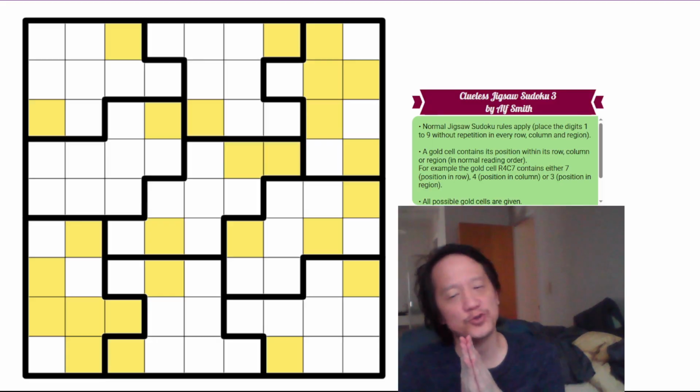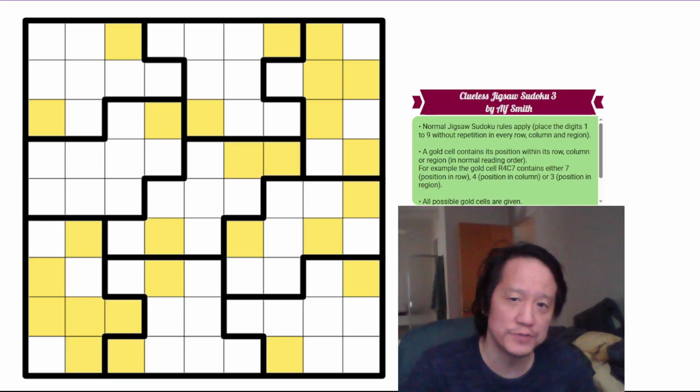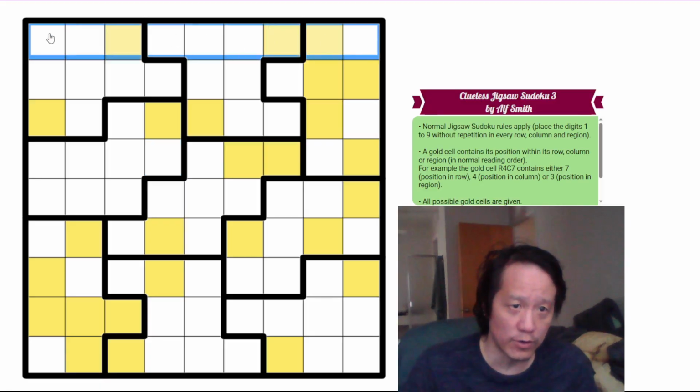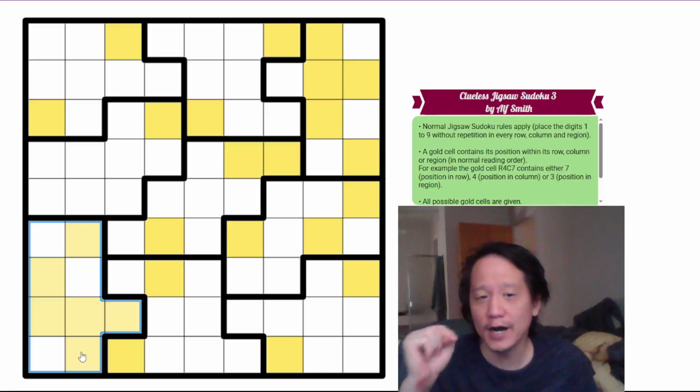This is what he calls normal jigsaw Sudoku rules apply. But this is, to me, just normal Sudoku rules, where in every cell in the grid, place a single digit from 1 through 9 such that there are no repeats in any row, column, or designated 9-cell region, which in this case are not boxes.